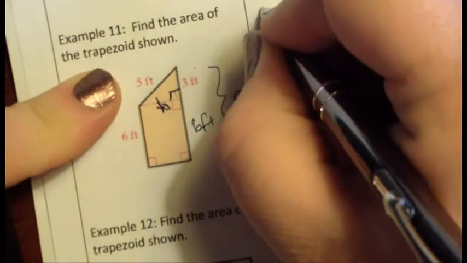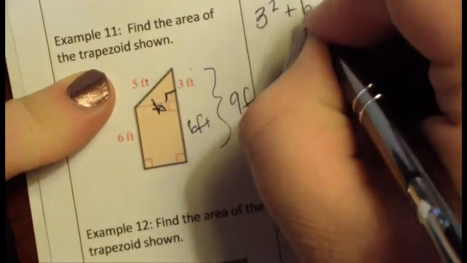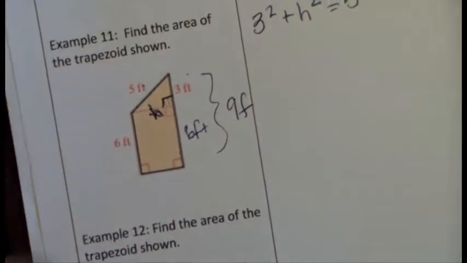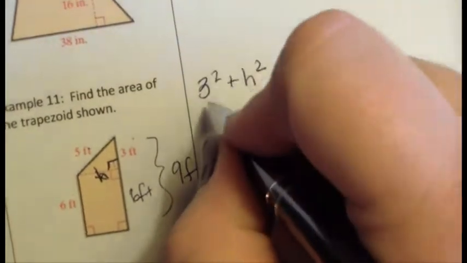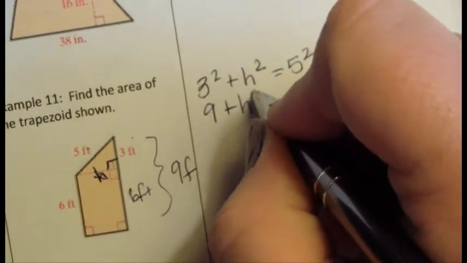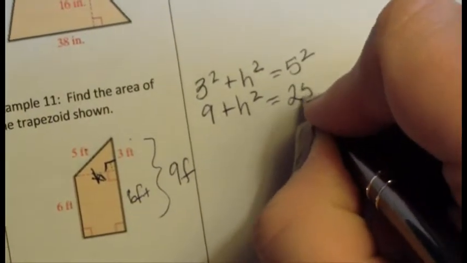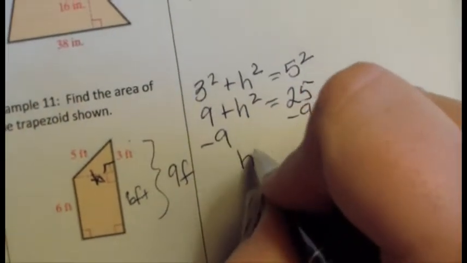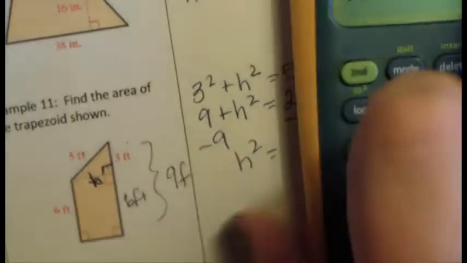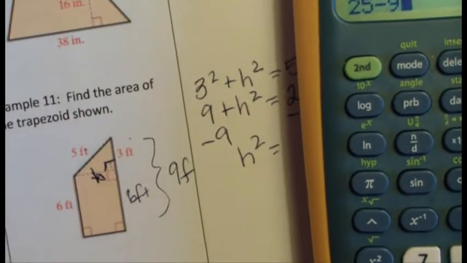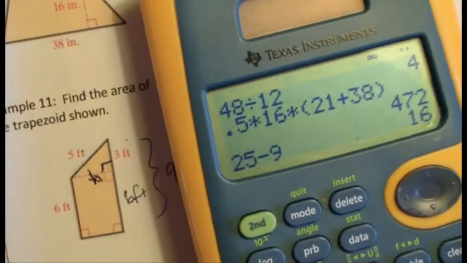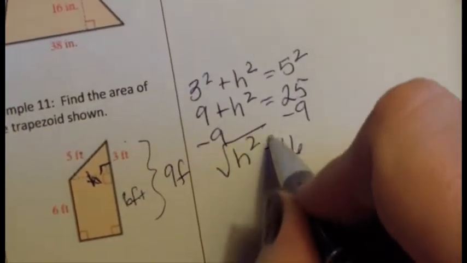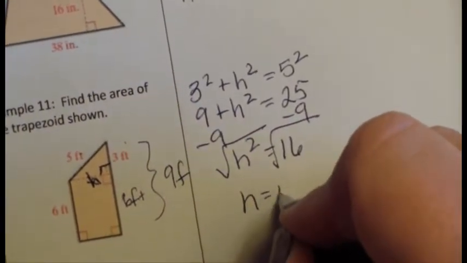So we have 3 squared plus h squared equals 5 squared. 3 squared is 9. 5 squared is 25. Subtract 9 on each side, and we get h squared is 16. Square root each side, and h is 4.